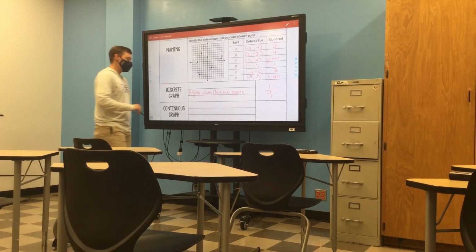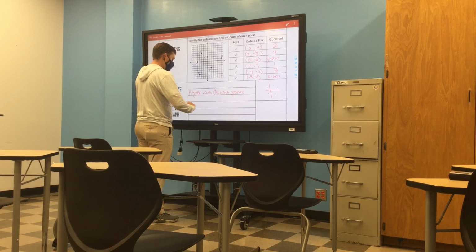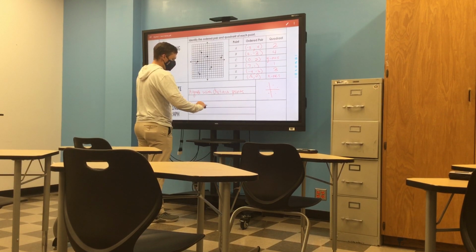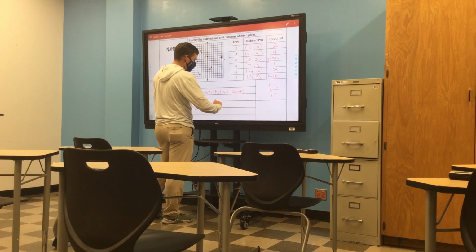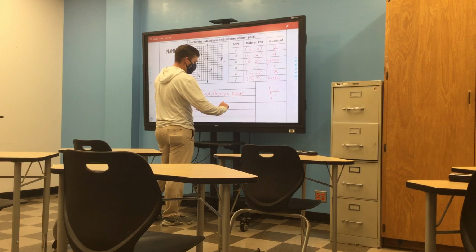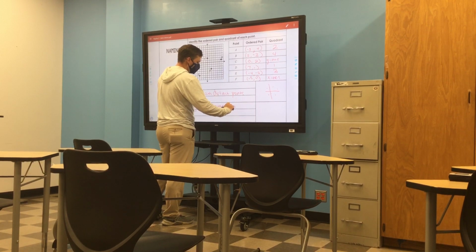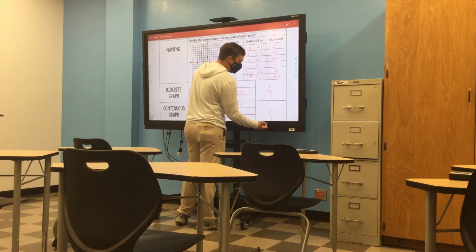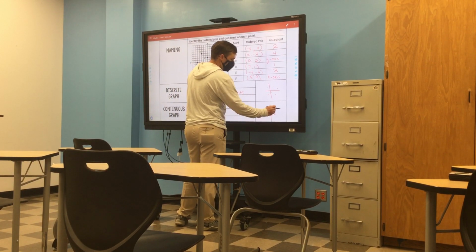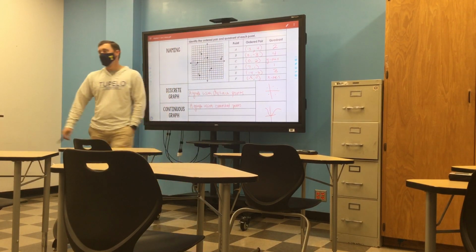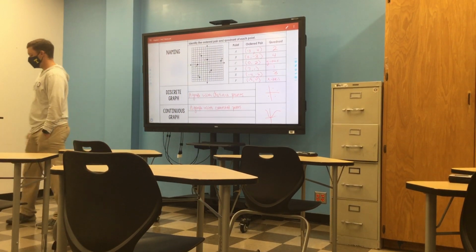That is a graph with connected points. That would be a graph that would look something like this, where you've got a smooth flowing line.